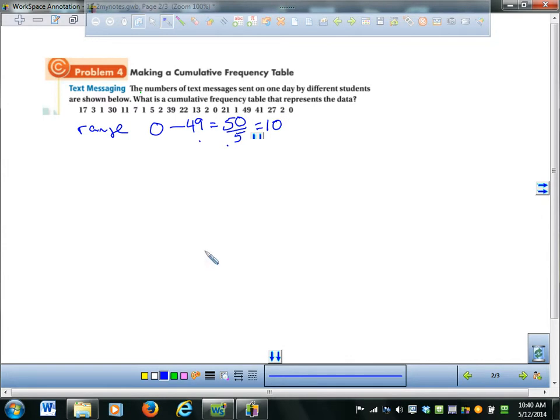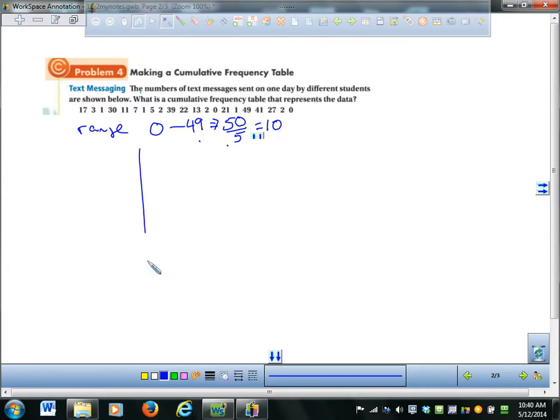I go up by 1 to 50 and divide by 5. So I'm going to make my intervals 10 units wide.